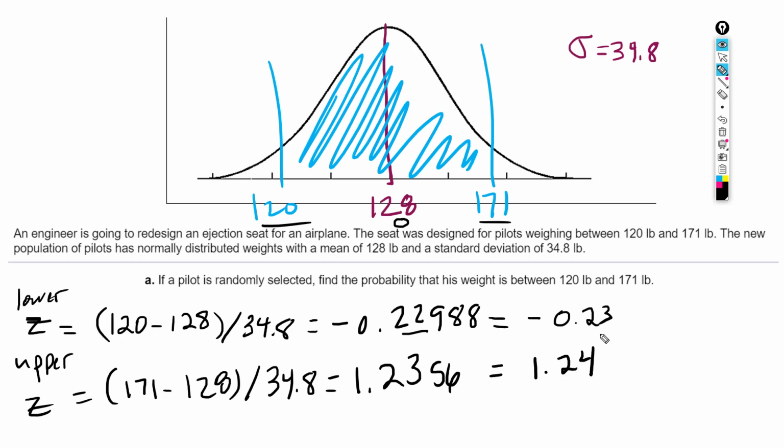All right, so let's look up both of these probabilities. So once again, these are my standardized z values. I standardize that to negative 0.23. I standardize that to 1.24. And now I'm going to look up their actual probabilities in the table.